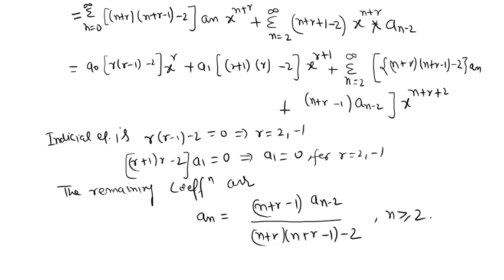Now we take the larger root, r equal to 2, and put it in the recursive relation. So you have a2 equal to minus 3 by 10 a0, and similarly a4 is 3 by 56 a0. Sometimes you don't have any symmetry, so it's okay.